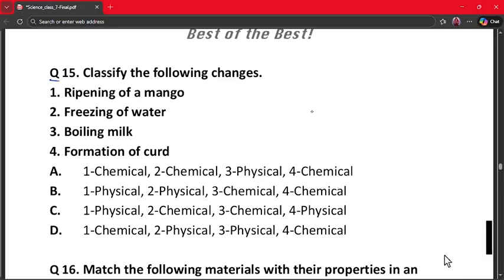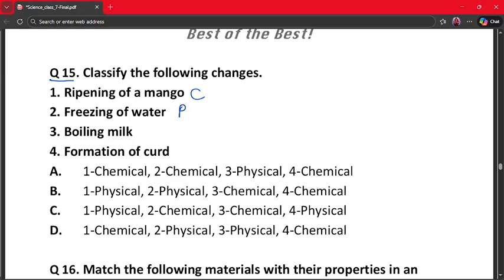Question number 15. Classify the following changes. 1. Ripening of mango. 2nd. Freezing of water. 3rd. Boiling milk. 4th. Formation of curd. So ripening of mango forms new substances. So it is a chemical change. And freezing of water is only a state change. So it is physical.